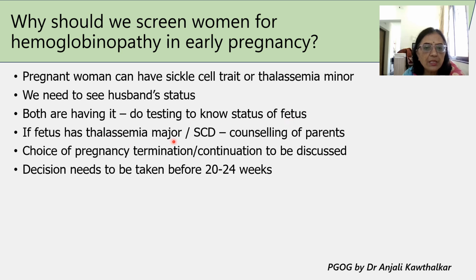If the fetus has thalassemia major or sickle cell disease, then the next step is counseling of parents, and we have to discuss the choice of pregnancy termination or continuation. As per our counseling and their decision, we then need to take a decision about the termination of pregnancy before 20 to 24 weeks. So it is a long process.